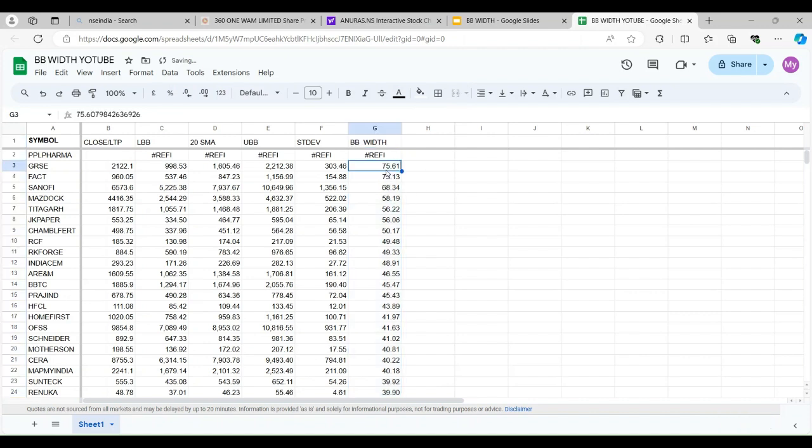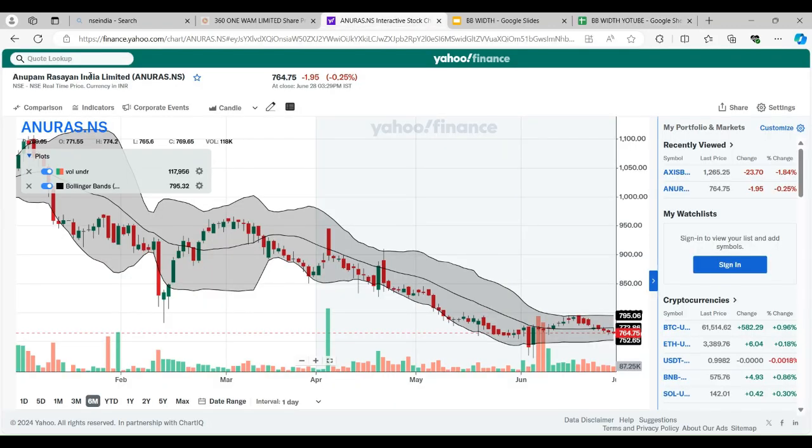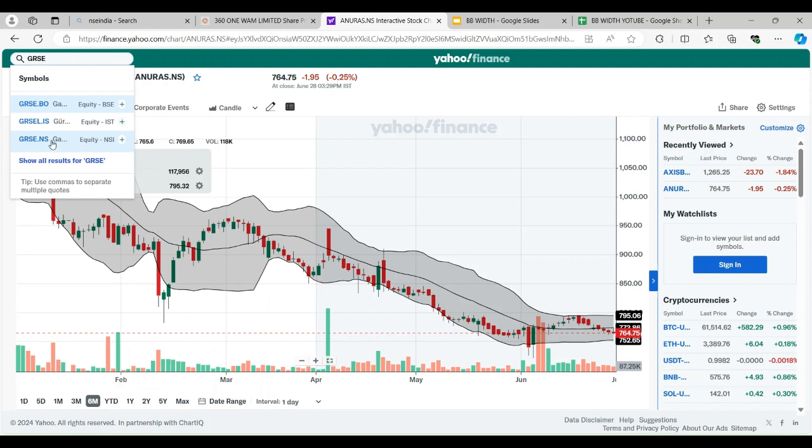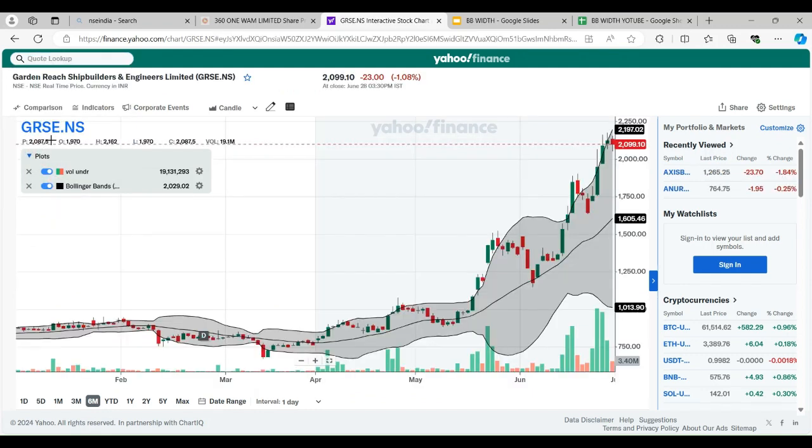And higher bandwidth stocks. You can also take them if you want to do short selling if the trend goes the other way around, like GRSE. High volatility, so maybe you can keep this in your watch list and observe later on if the stock starts falling.